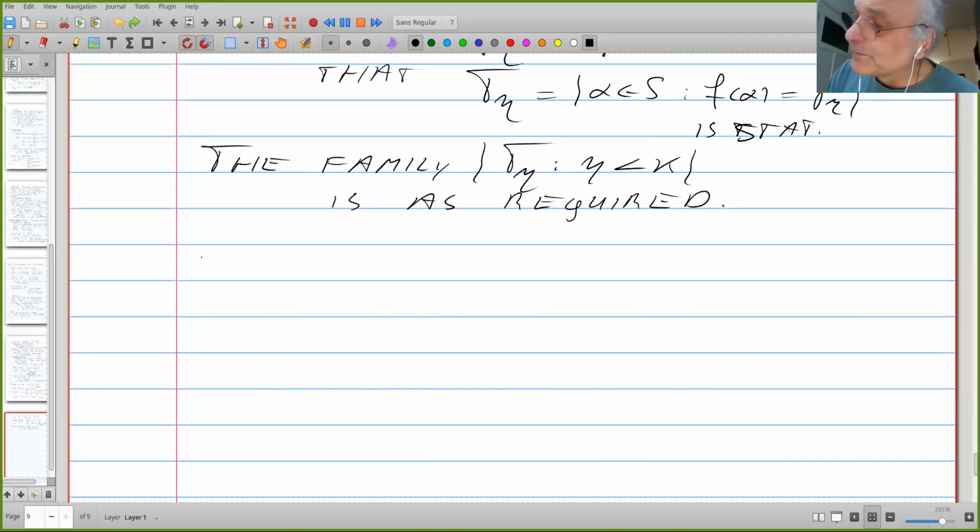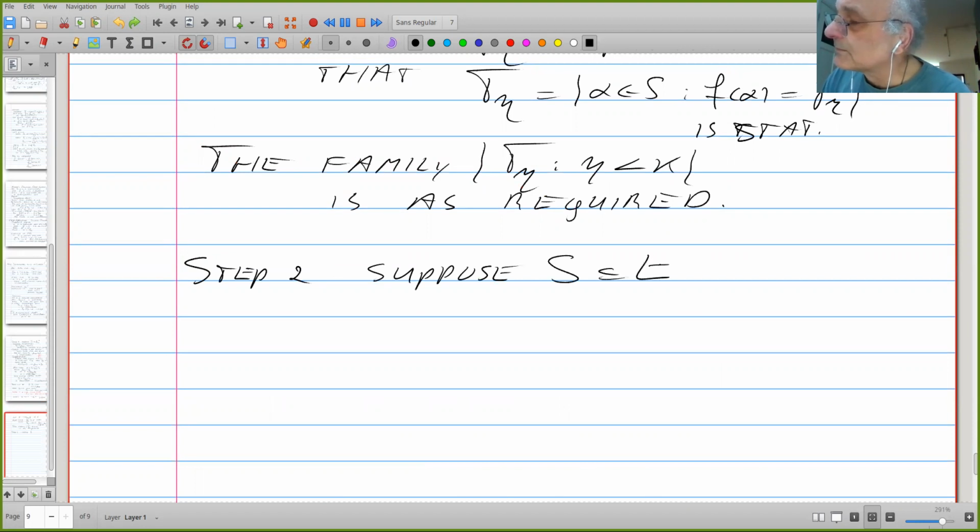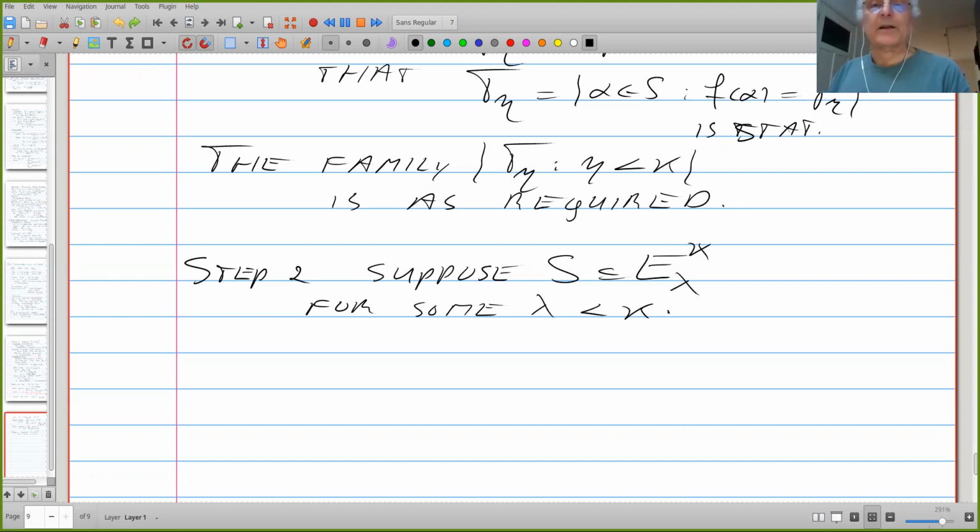Okay, step two. Suppose we have another cardinal, not omega, but another regular cardinal, and we look at all the ordinals with that particular cofinality, and we have a stationary subset of that. Okay, same proof.